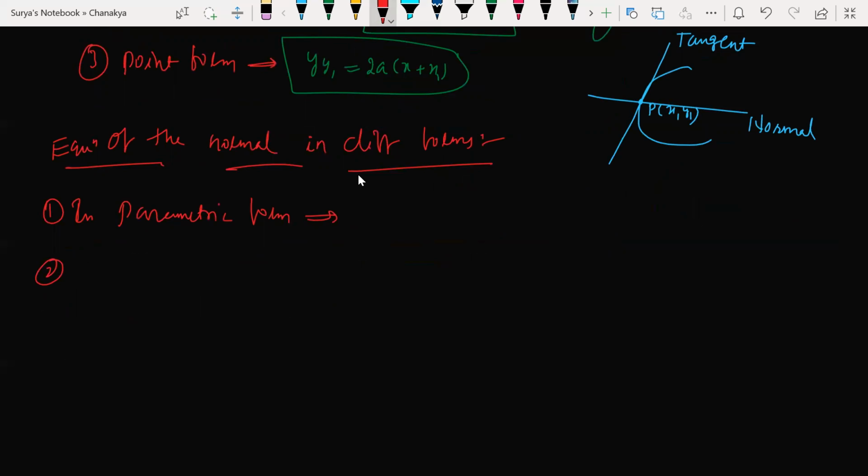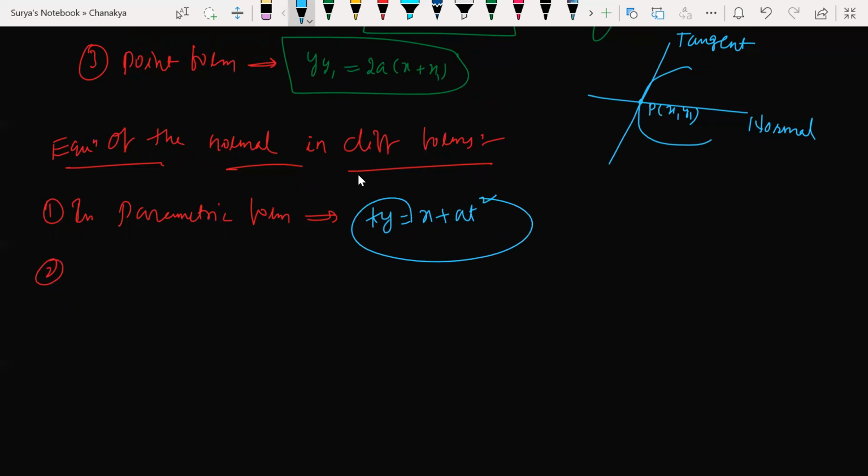Equation of the normal in parametric form is what? Look at this equation of the tangent in parametric form. Same thing: ty is equal to x plus a t squared. Equation of the tangent in parametric form is this one.